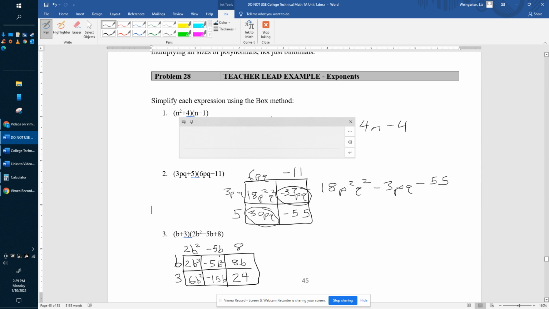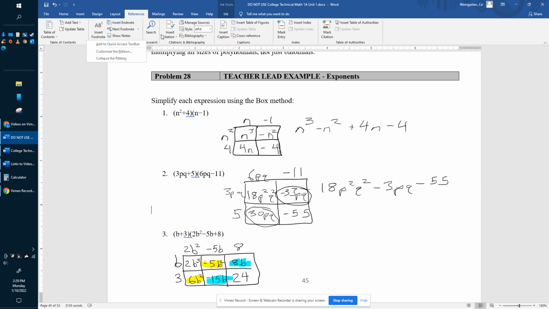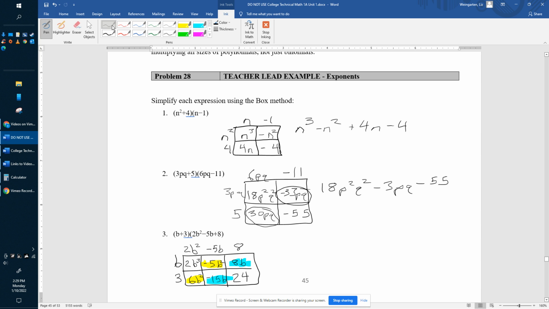And we can see, again, in the boxes, we have like terms. Let me highlight these for you. We have this one and this one; they both have b squareds on them. And then we also have this one and this one that have b's. So we can go ahead and combine those like terms before we even write the equation.